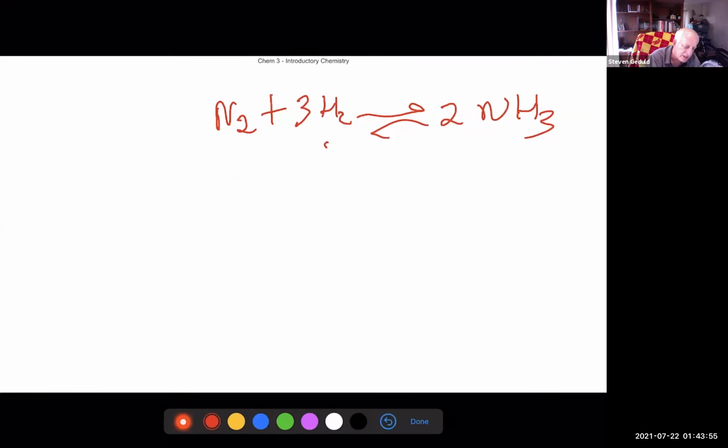If I increase the amount of H2, I'm going to try to decrease it. I'm going to shift my reaction to the right so I can decrease that level. So my amount of N2 will decrease, my amount of NH3 will increase.